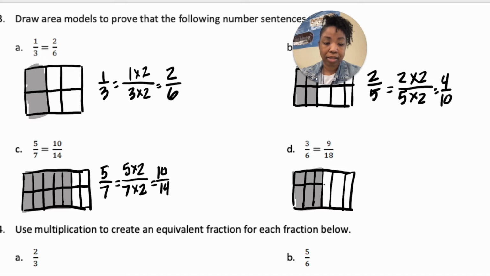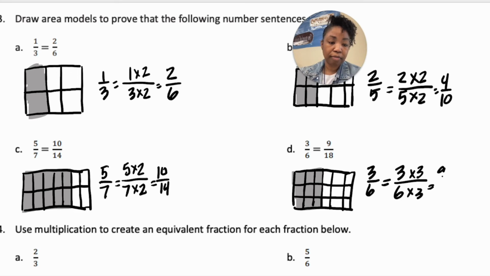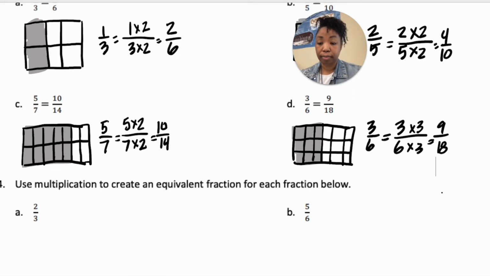So I'm going to break this up into 3 rows, decompose this into 3 rows. I have 3 sixes. I'm going to do 3 times 3, 6 times 3 to give me 9/18. This statement is true. Let's move on to 4.